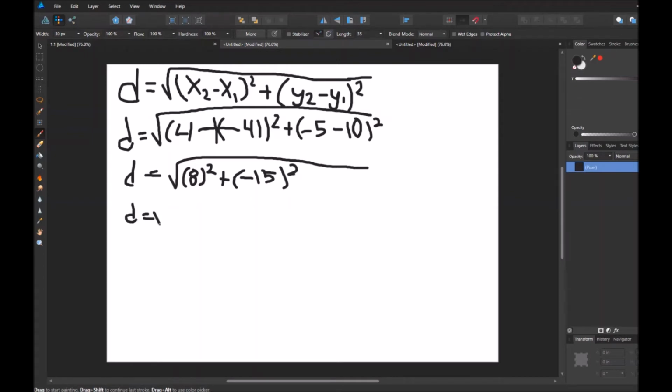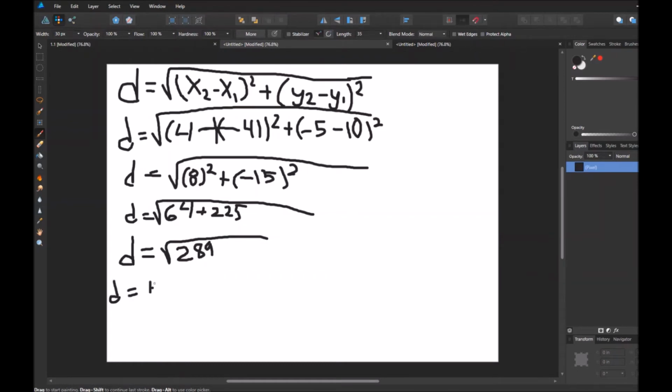So now we have the square root of 8 squared plus -15 squared. 8 squared is 64, and -15 squared is 225. 64 plus 225 is 289, and the square root of 289 is 17.